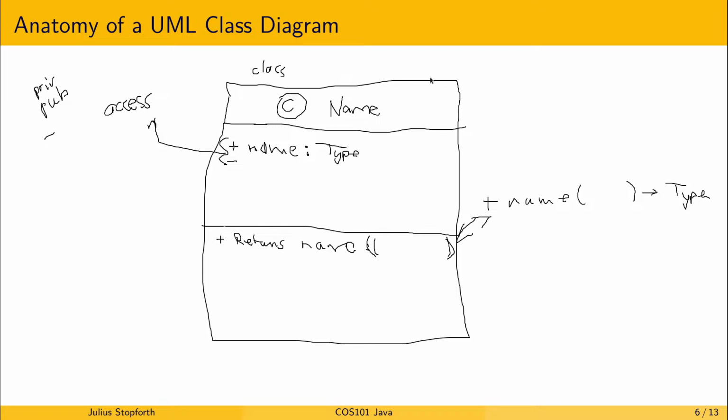One thing I will note before I move on: the reason why we have a C is because you can also model things like packages, or an enum, or whatever, right? So there are different things we can say.